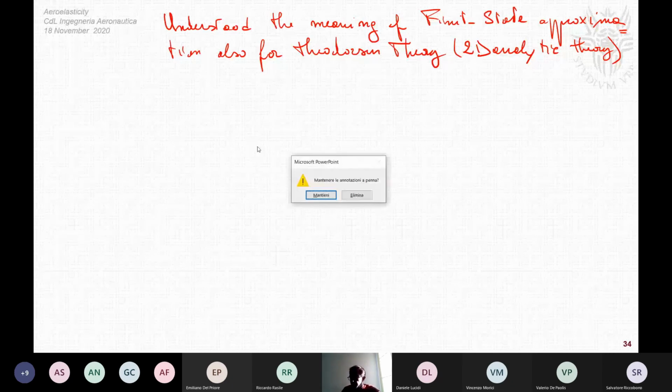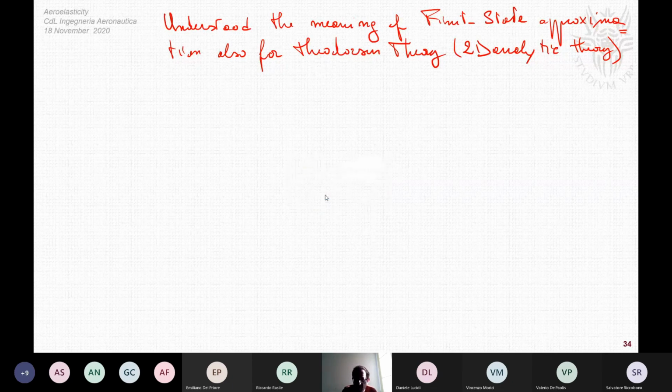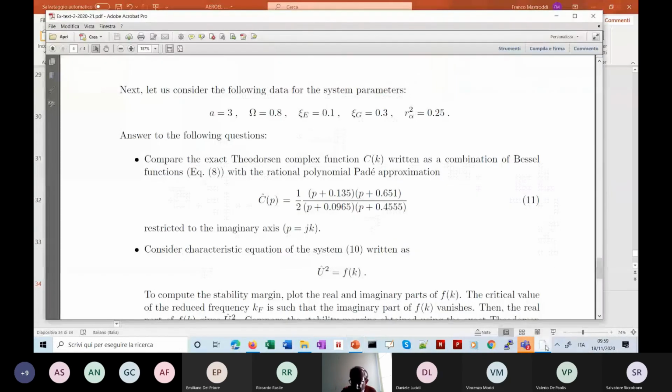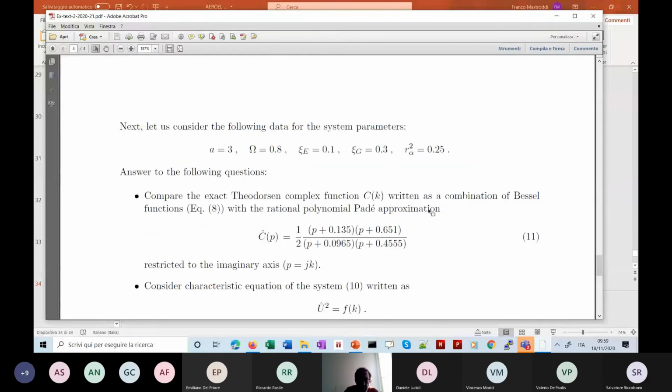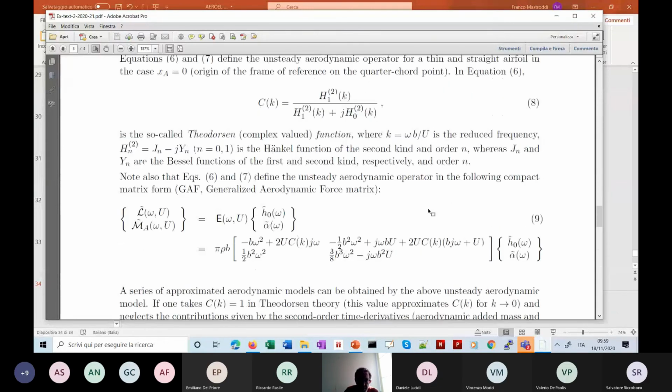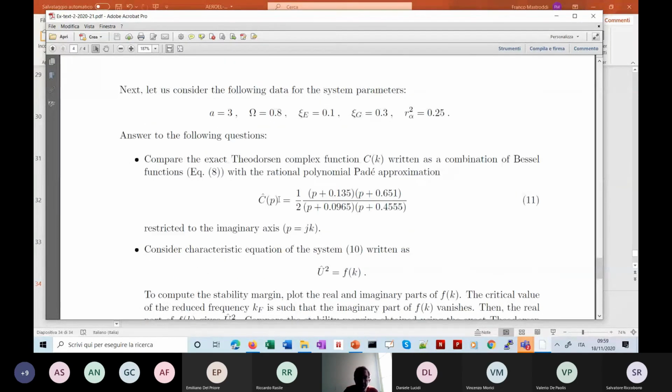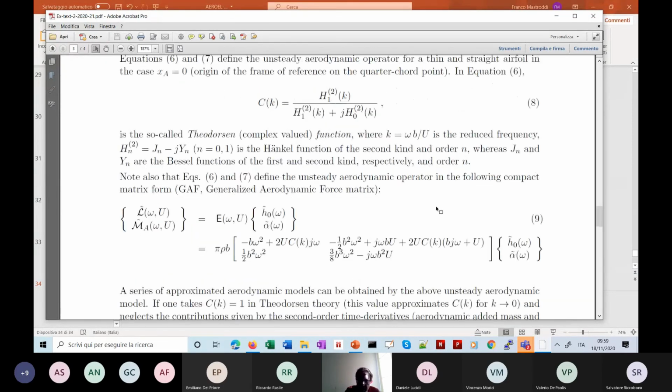And therefore, if you go to the exercise number 2, this is the system presented, and the first question is to compare the exact Theodorsen complex function C(k), written as a combination of Bessel functions, like here.